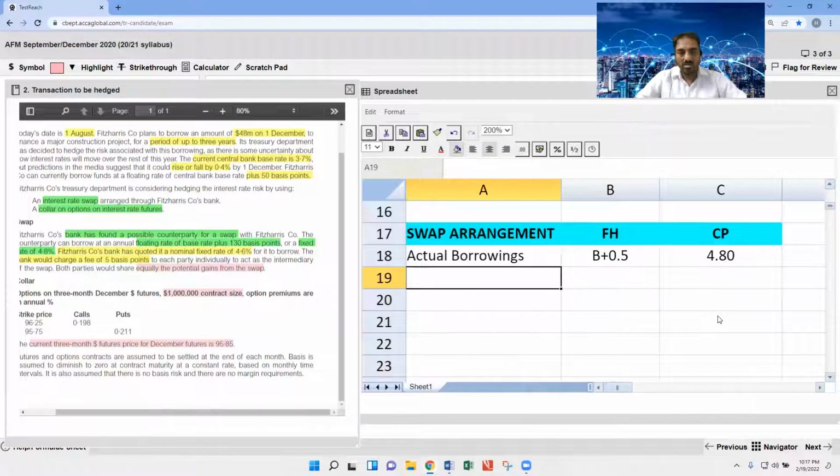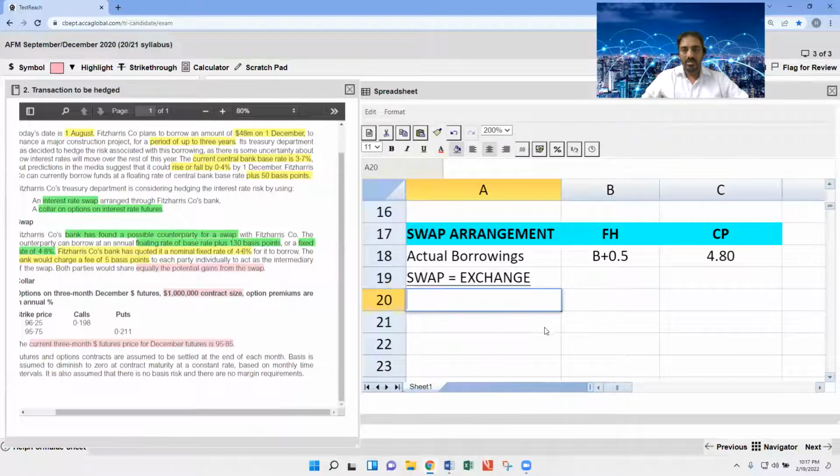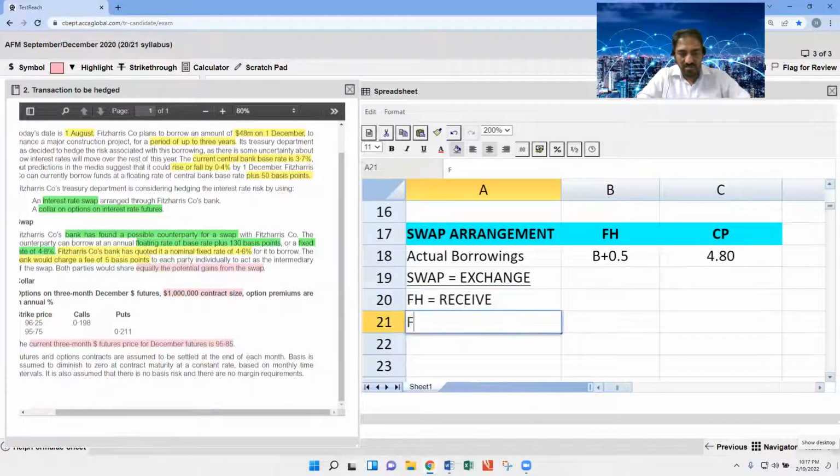And now swap. Swap means exchange. No need to mention, just for the understanding. Exchange. Here, FH receive and FH means Fitz Harris pay.